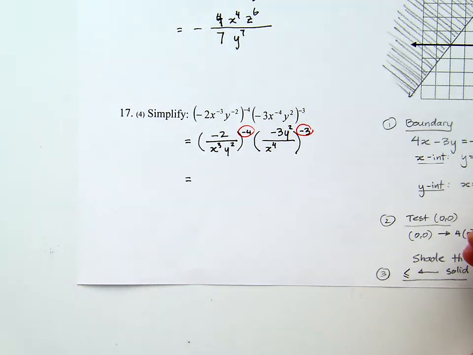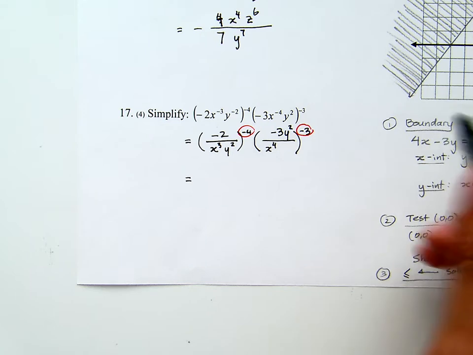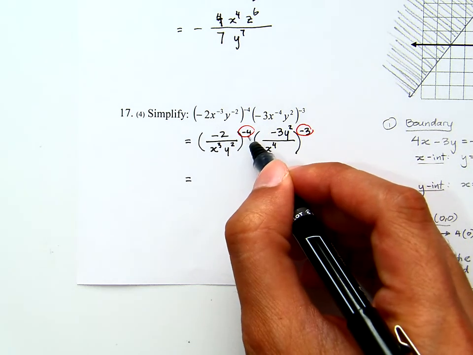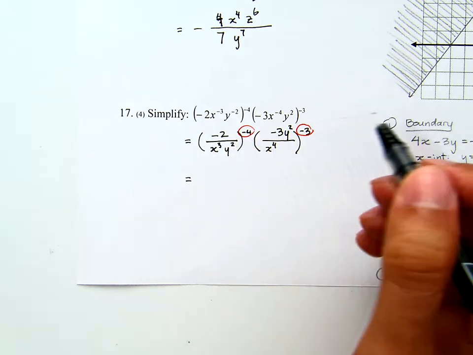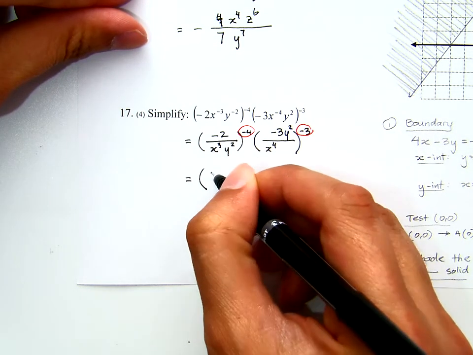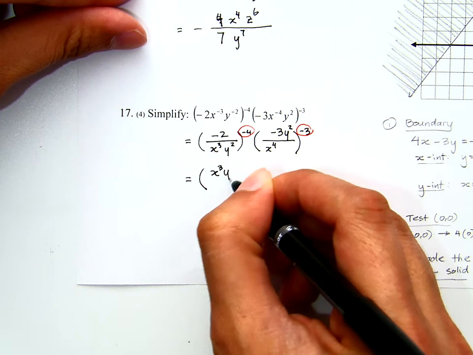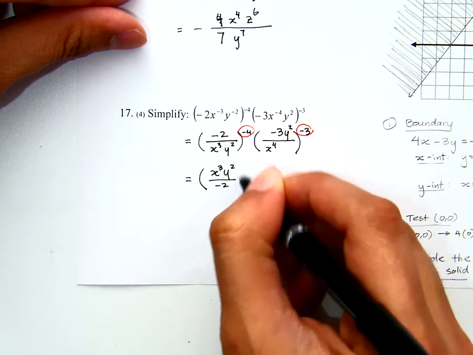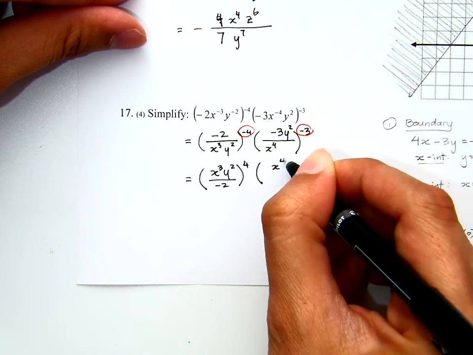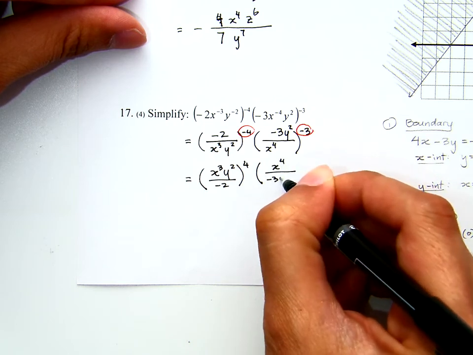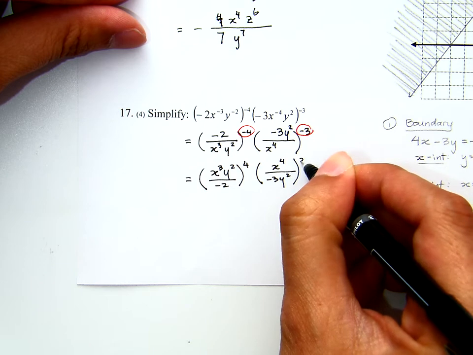Remember that a negative exponent means reciprocal. So for me to make it exponent positive 4 here, I will take the reciprocal inside the parentheses. So it will be x cubed y squared over negative 2 to the power of 4 times x to the 4th over negative 3y squared to the power of 3.